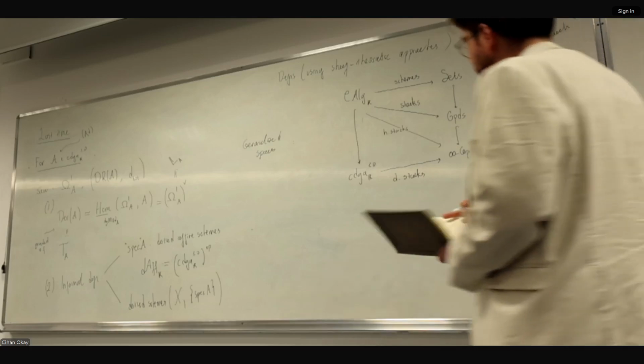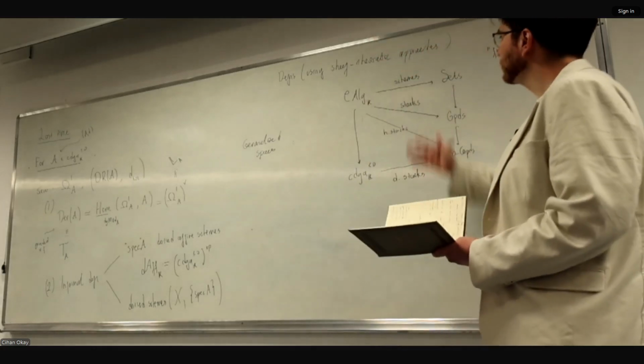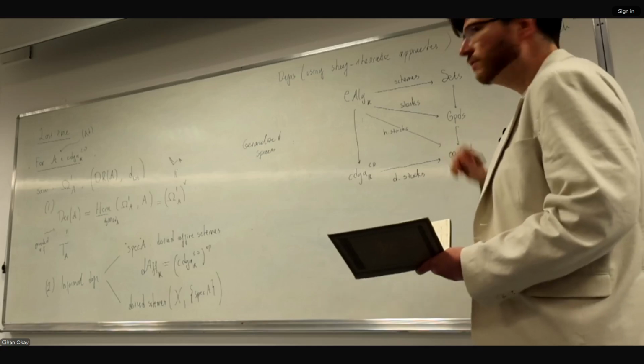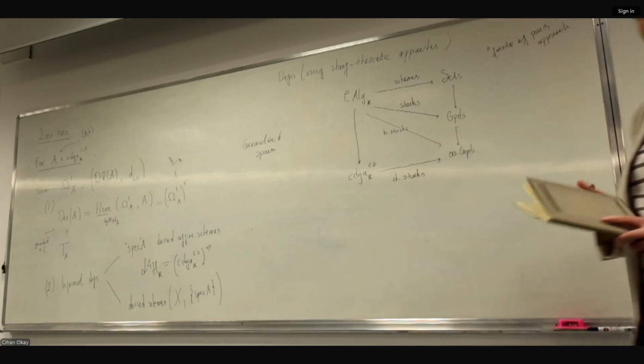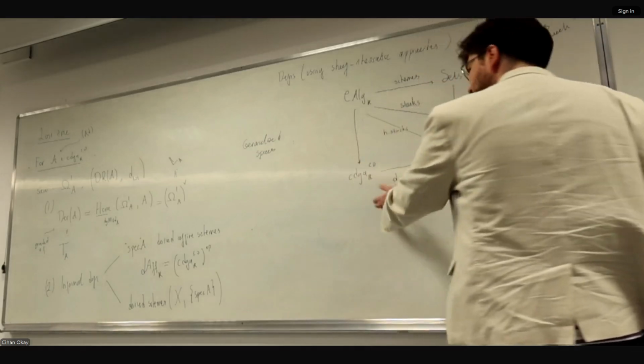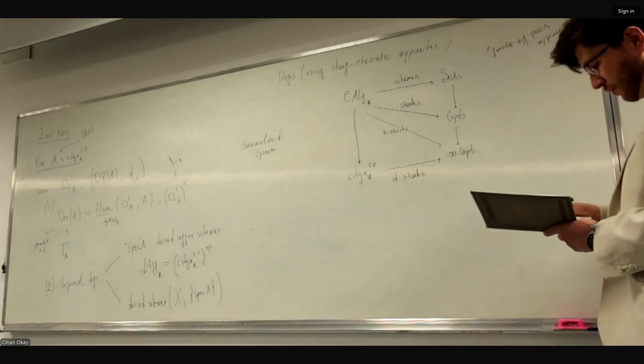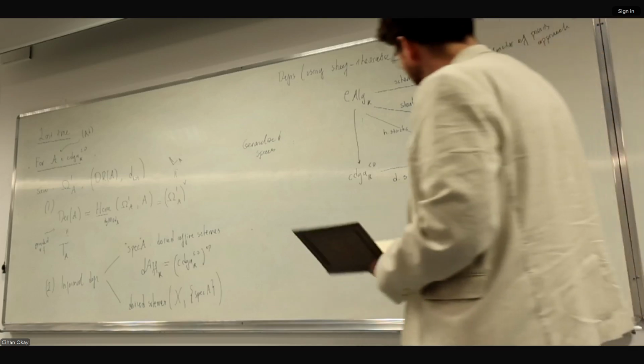These are functors, but in particular they turn out to be sheaves. So this is a sheaf of sets, sheaf of groupoids, sheaf of infinite groupoids. Therefore there is also some kind of gluing data. So it's a pre-sheaf, in particular a functor, plus gluing data, what we call descent condition. We will come to that in a minute.